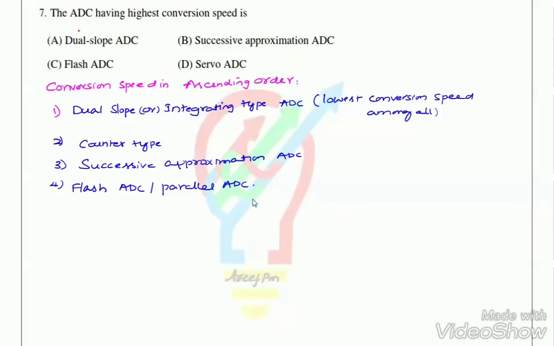So in the given option, this one is having highest conversion speed. So the flash type or parallel type analog to digital converter is having the fastest conversion speed, highest conversion speed among all the A to D converters.